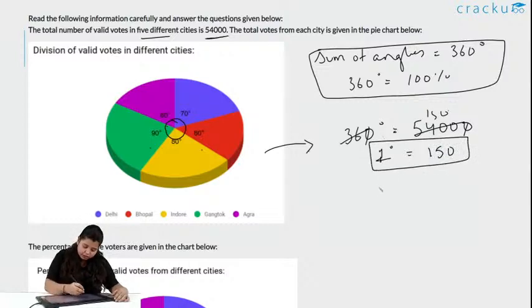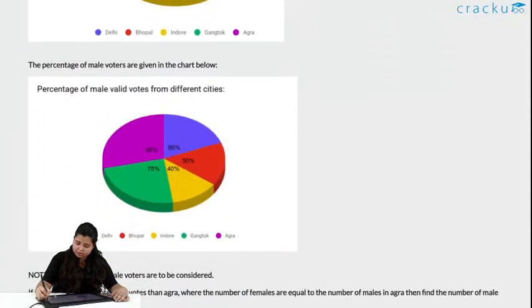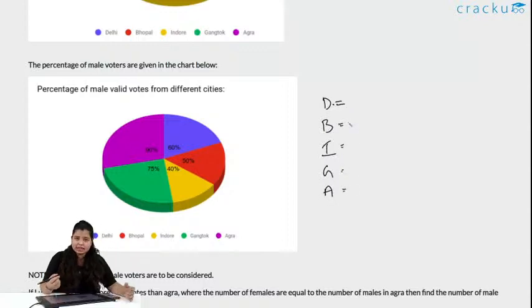Now, we know Delhi is 70 degrees and we know the data for everything. Let us make a table now. We have Delhi, Bhopal, Indore, Gangtok and Agra. I am writing all the initials as all the initials are different.